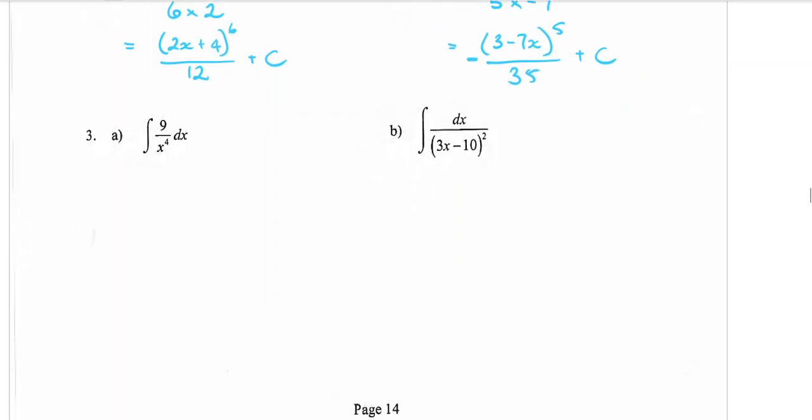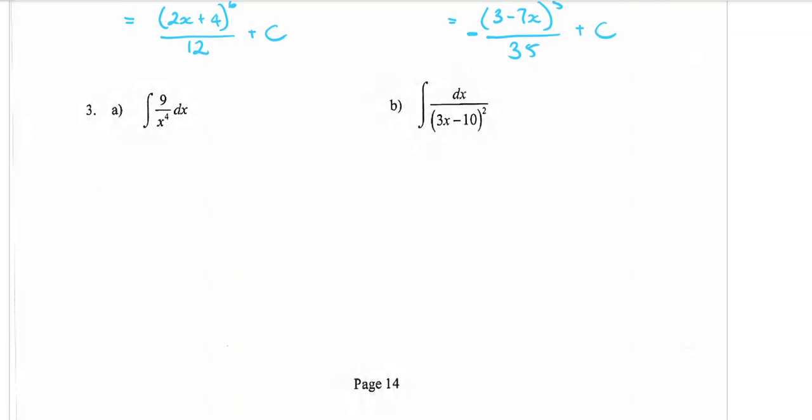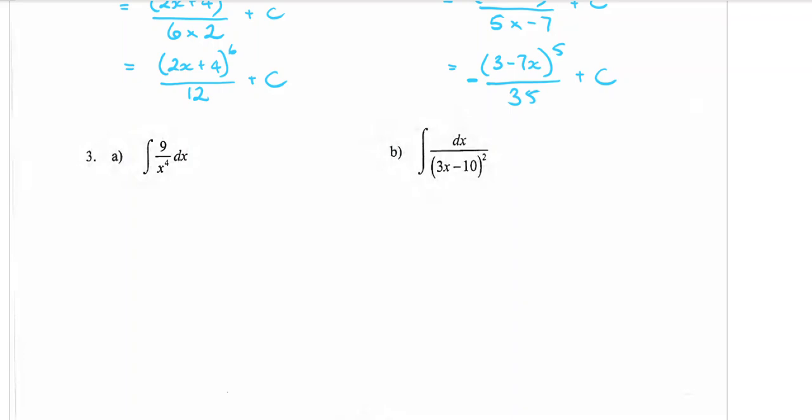Question 3, what are we doing here? We're putting stuff on the bottom of fractions, which means we have to move them up before we can integrate them. So keep the integral sign there. The 9 is still a normal 9, but the x comes up to be an x to the power of -4. Okay, now I can integrate it.